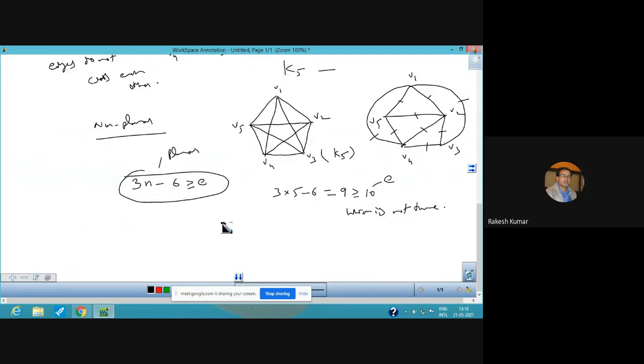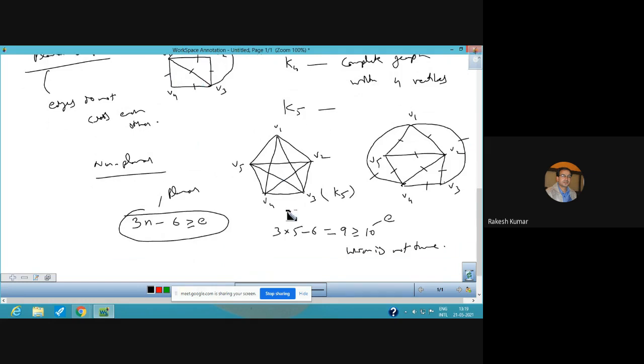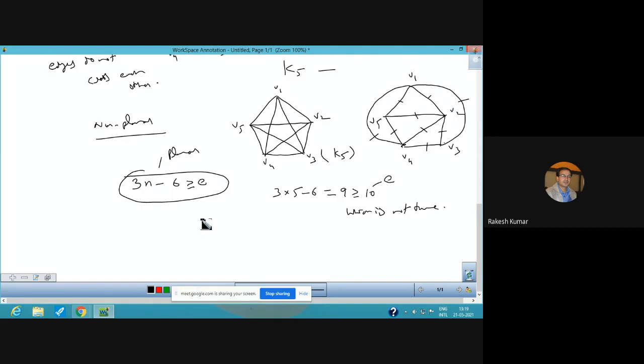Similarly, talk about K4. Regarding K4, we just proved that it is planar. Count the number of edges, 1, 2, 3, 4, 5, and 6. And put the values here. 3 into 4 minus 6 should be greater than or equal to 6. It is true. Just see, 6 is always greater than or equal to 6.